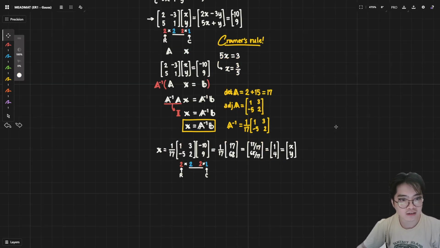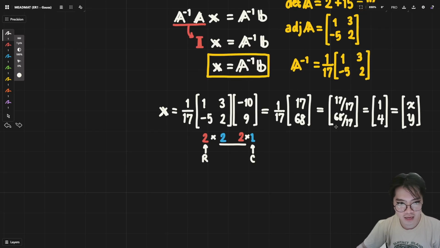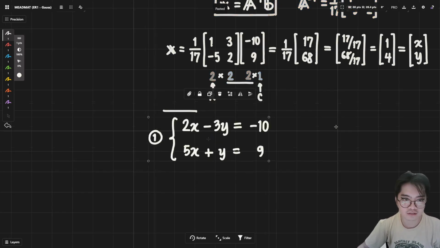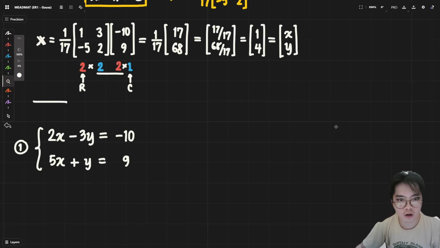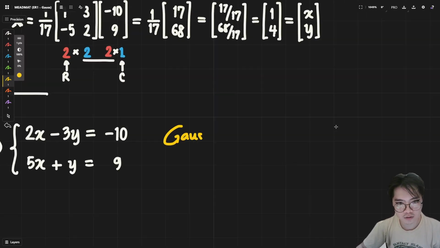And actually, there is another bit that we can do. How are we going to do this? Well, I'll just stick it here. We will be doing what is called Gauss-Jordan elimination.